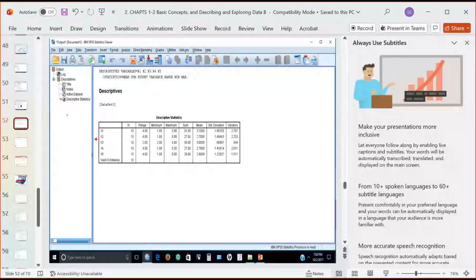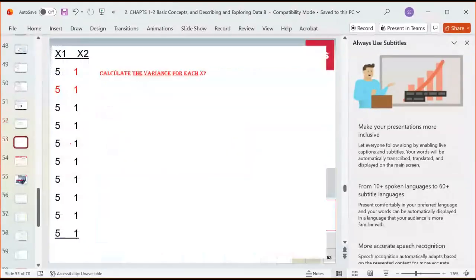Another thing you need to know is if you have a score like X1, and I give you all these numbers, it's all the same. Or X2, all the same. And I ask you, what is the variance here?